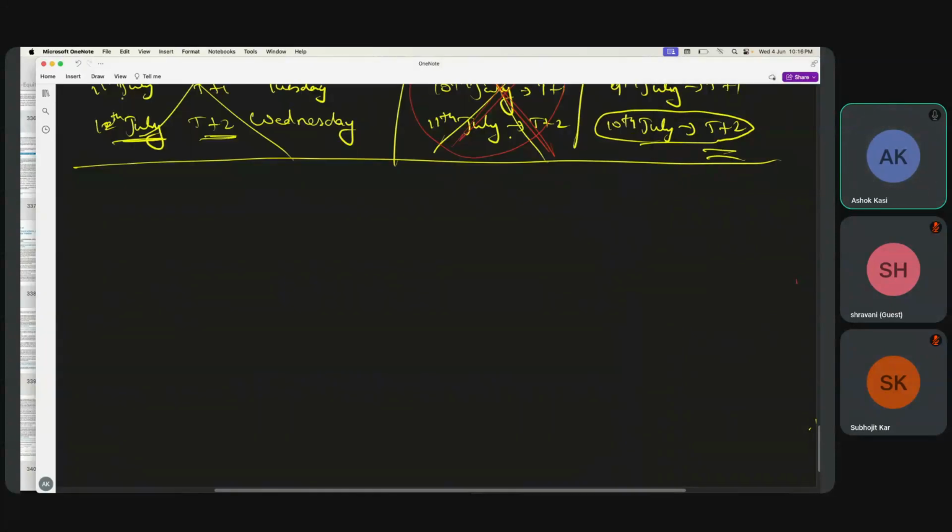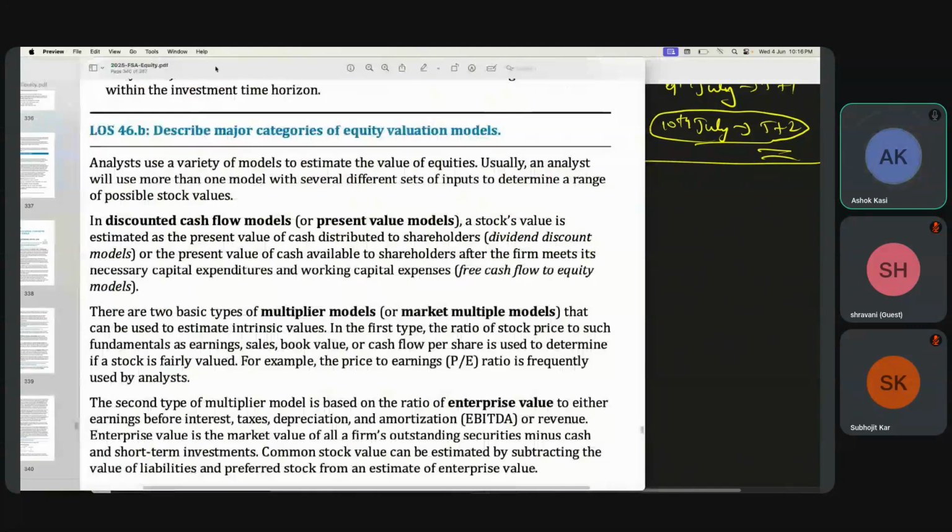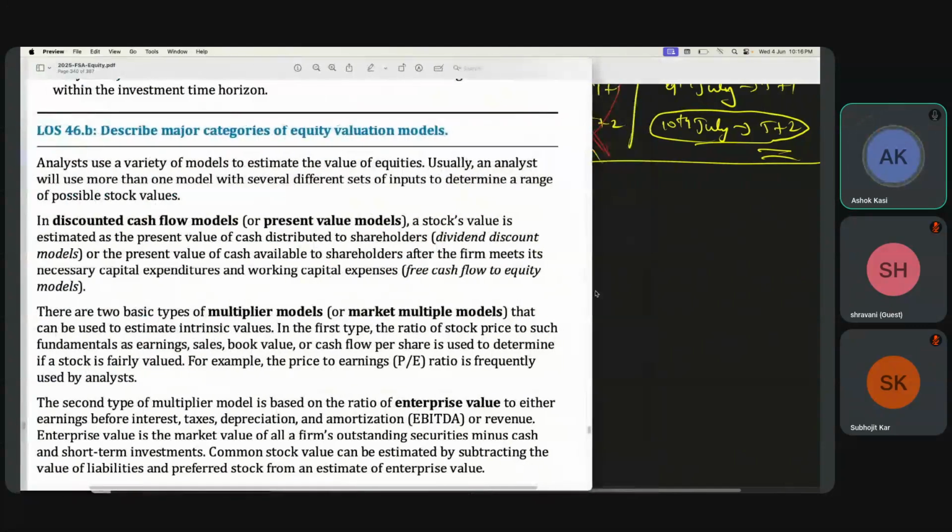See how to value equity now. How to value equity: the valuation model.